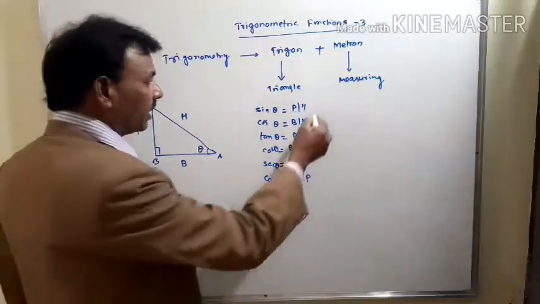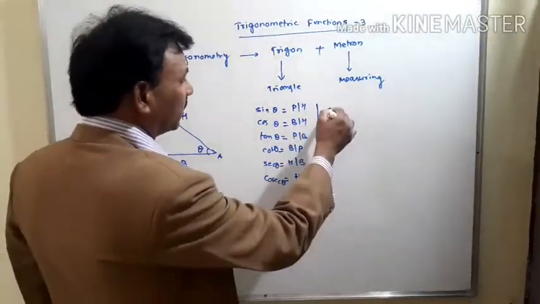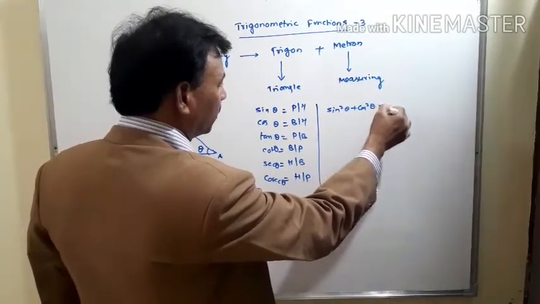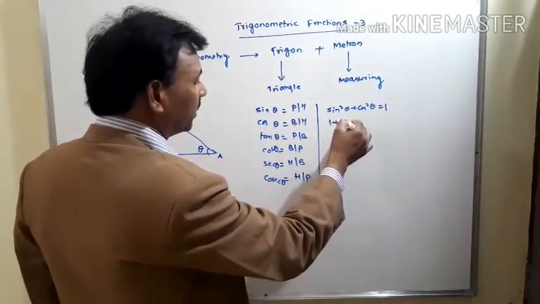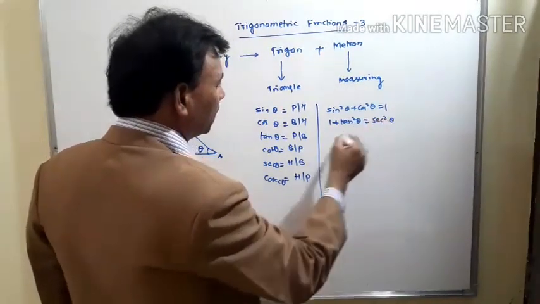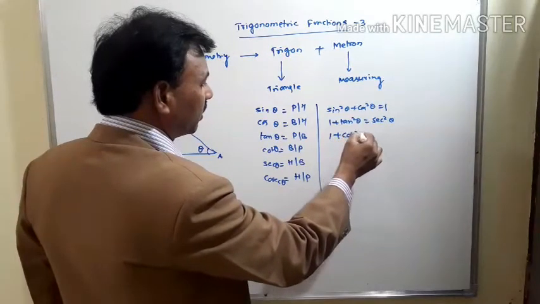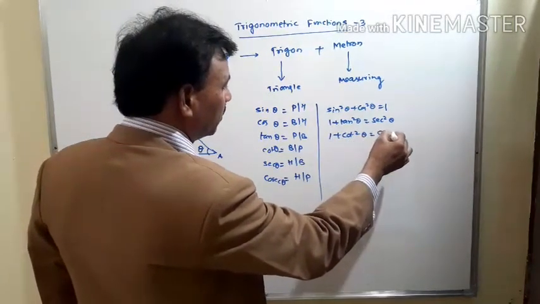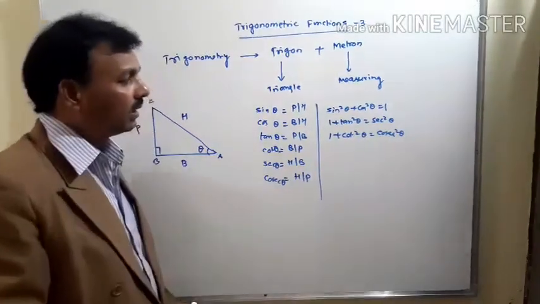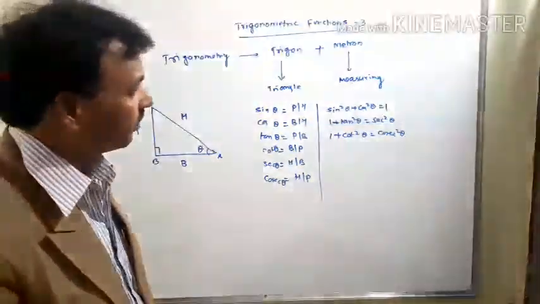Some other formulas are sin square theta plus cos square theta equals 1, 1 plus tan square theta equals sec square theta, 1 plus cot square theta equals cosec square theta, and their derivation was already studied in class 10th.